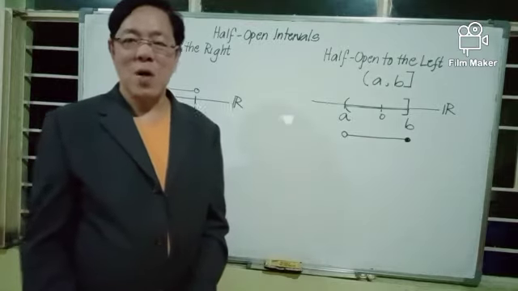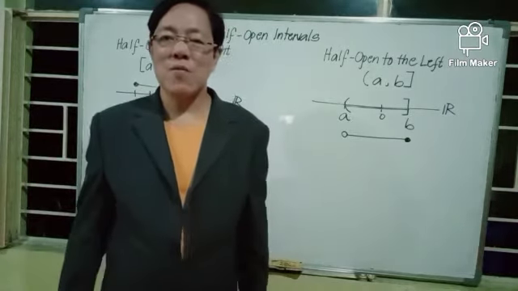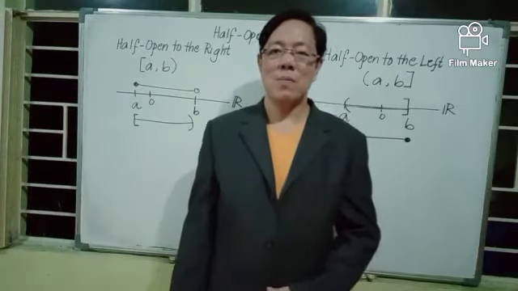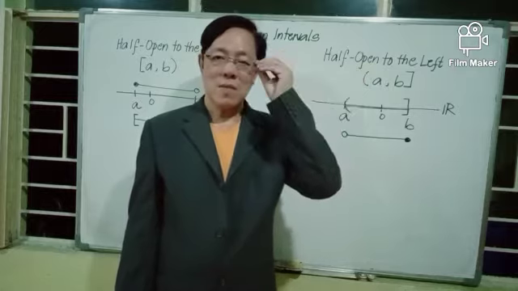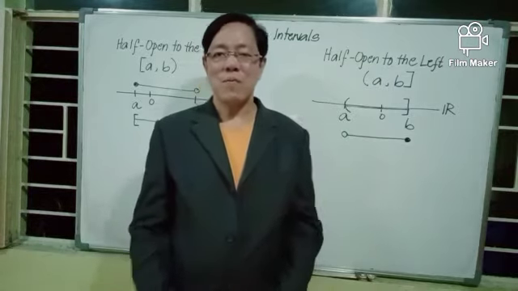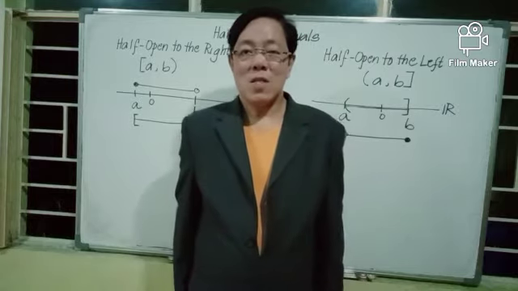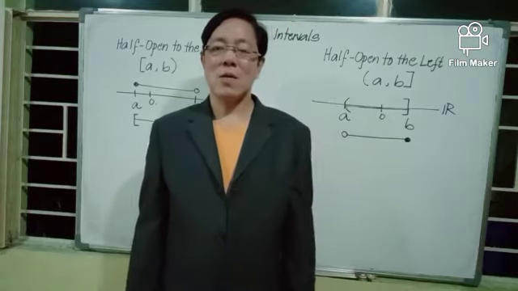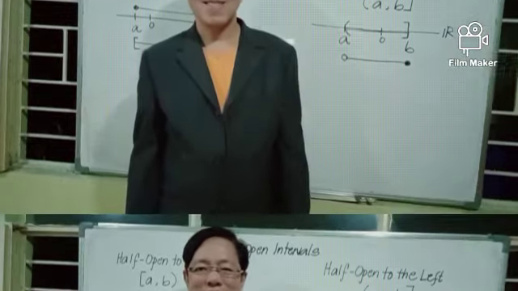The method for solving linear inequality in one variable is very similar to solving linear equation in one variable. All the properties of equality that we use to solve linear equations in one variable would still apply when solving linear inequalities in one variable. We now take some examples.